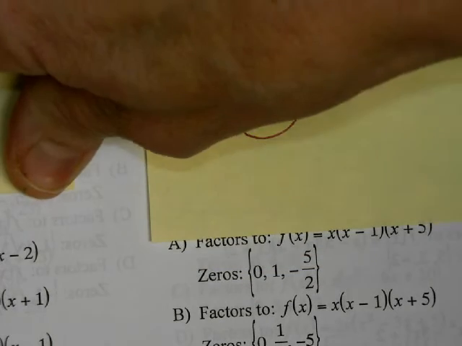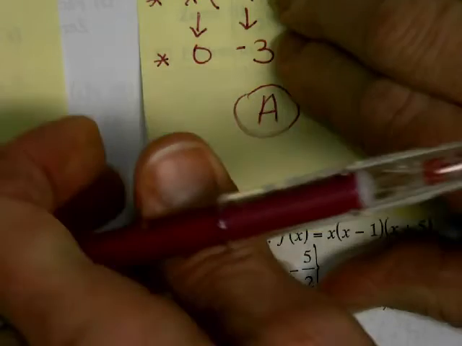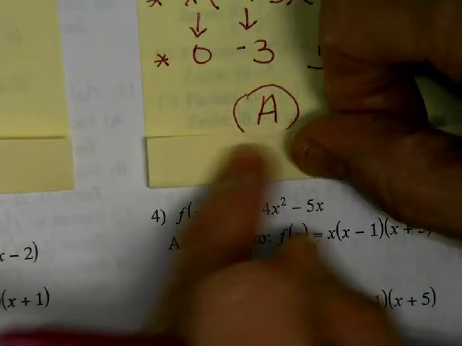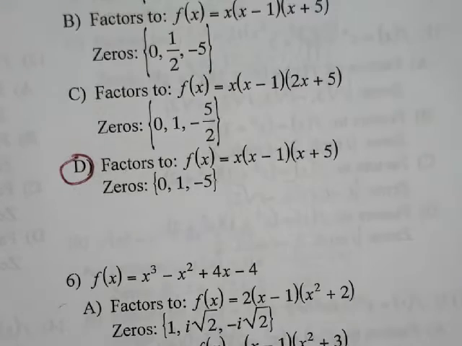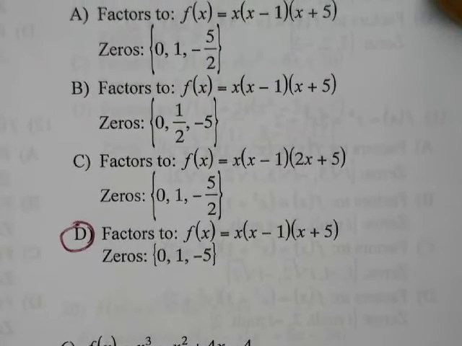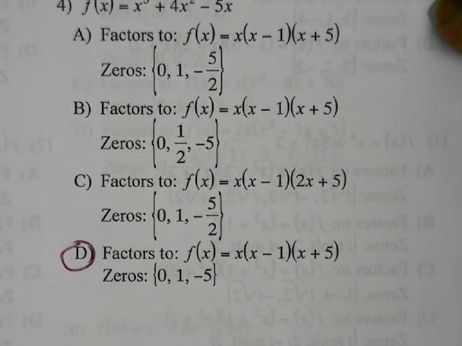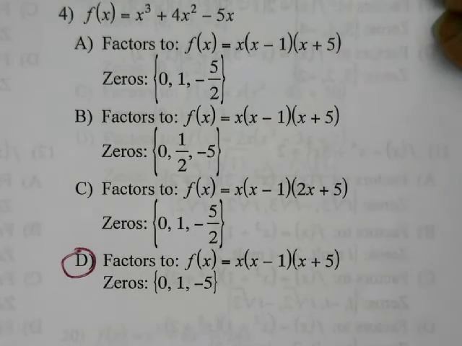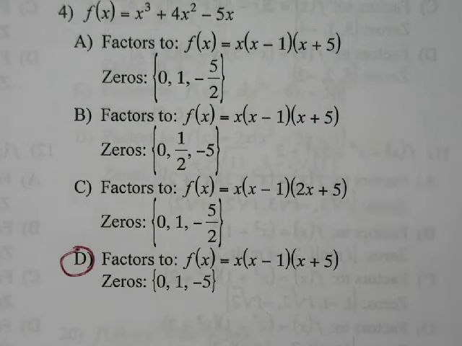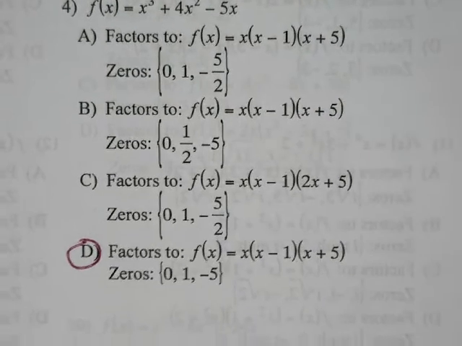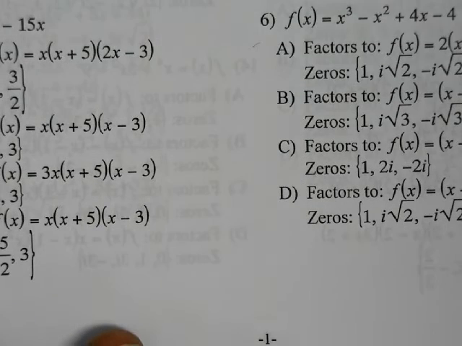You can see if you can factor them to get those. 3 is A. And 4 is D. So practice, see if you can come up with those answers. Number 5 is one more of the same. And number 5 is B.